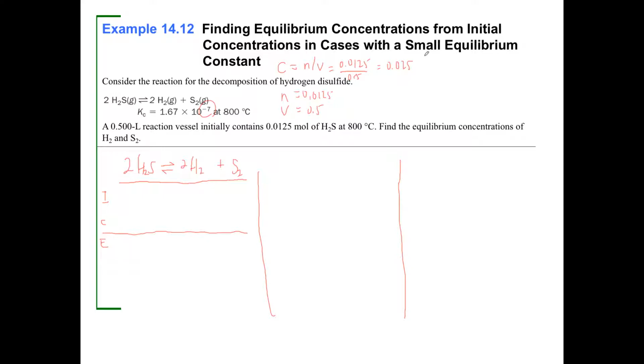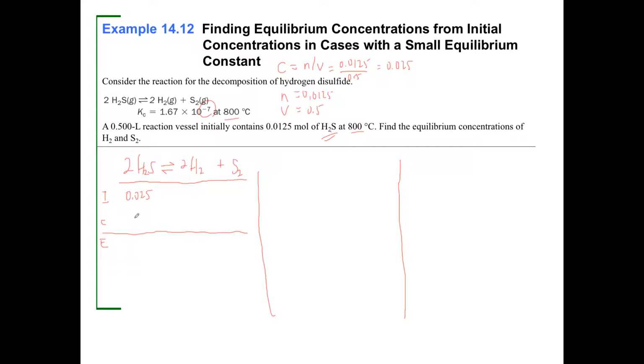I really have to solve that with my calculator. I'm pretty sure that's right, but let's just do that. 0.0125 divided by 0.5. Yep, that's right, 0.025. Okay, so that's the concentration initially of our hydrogen sulfide, okay? 0.025. Find the equilibrium concentrations. All right, 0.025. Oh, and this is 800 and that's 800, so yeah, we're good.